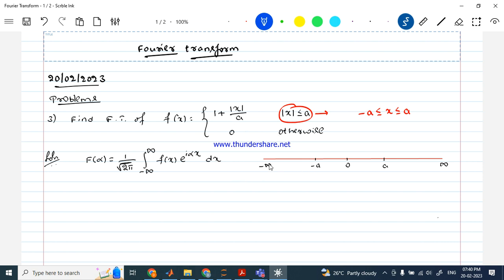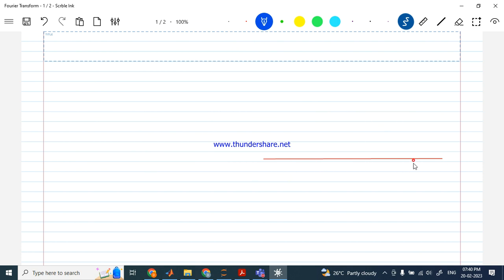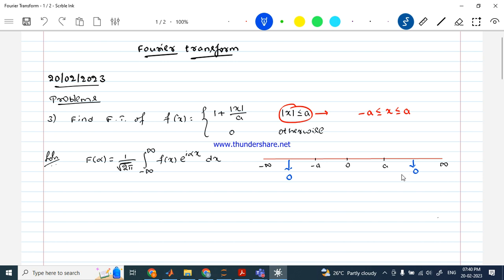Otherwise refers to these two intervals, so in them the value of the function is 0. That is from minus infinity to minus a, it is 0, and again from a to infinity. Except this interval, in the remaining two intervals the value of the function is 0.